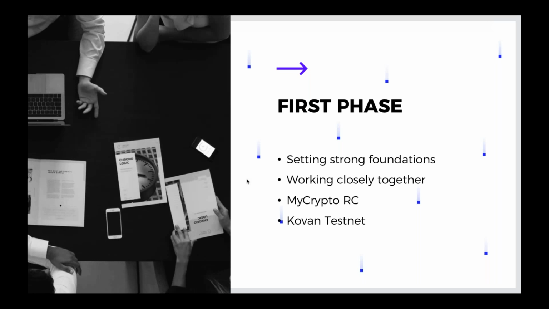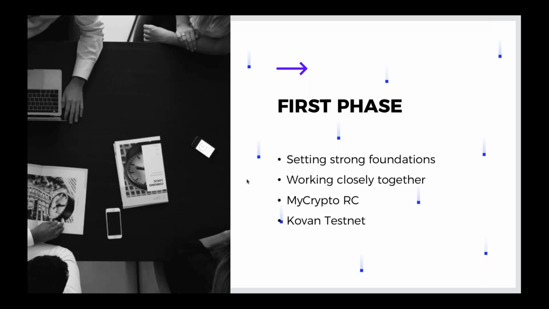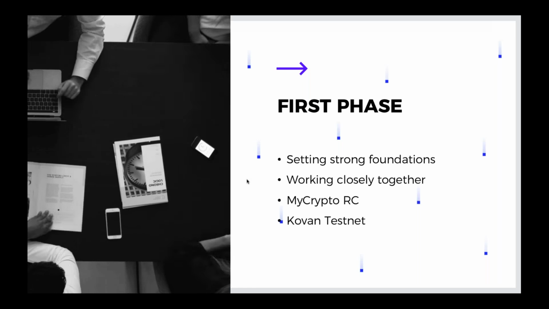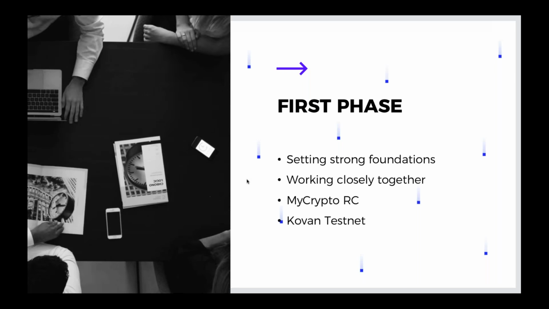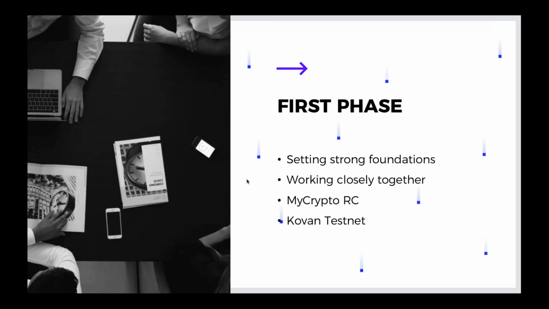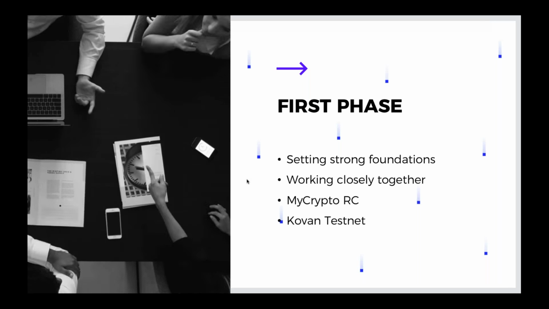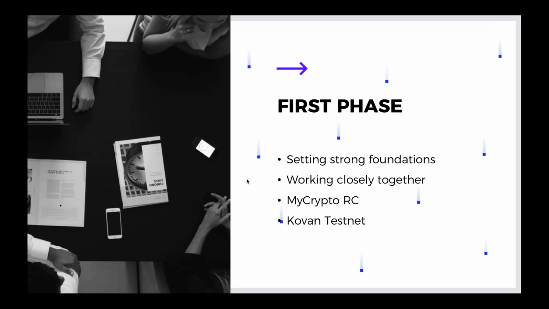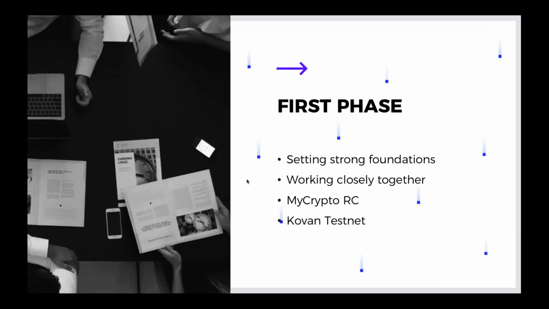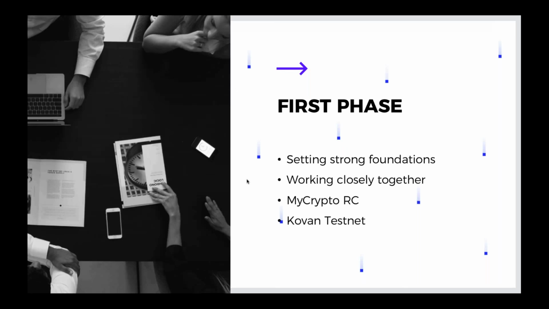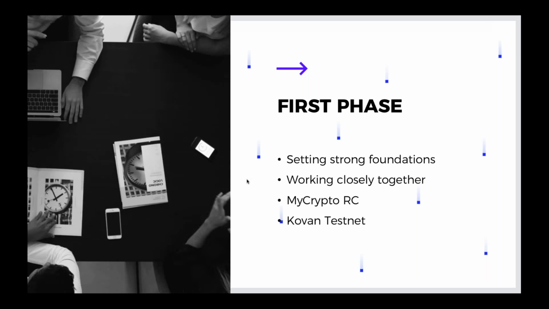Our internal deadline was the new release candidate of MyCrypto, since they've been working on it for some time. And we decided that for this new release candidate, we want to offer this functionality at least on the Kovan testnet, so to get it up and running.